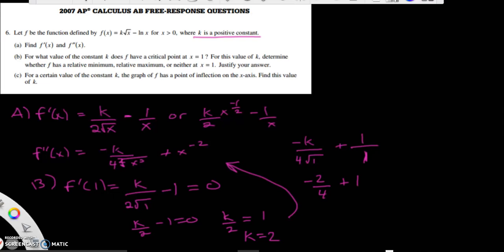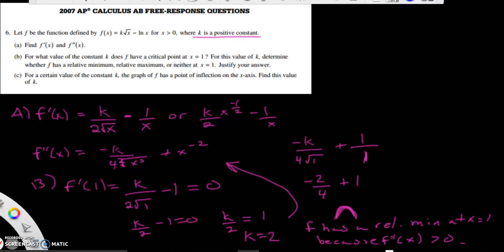If this thing is positive, that means it's going to be a min because it's concave up. So it has to be a min. So f has a relative min at x equals 1 because f double prime of x was greater than 0.